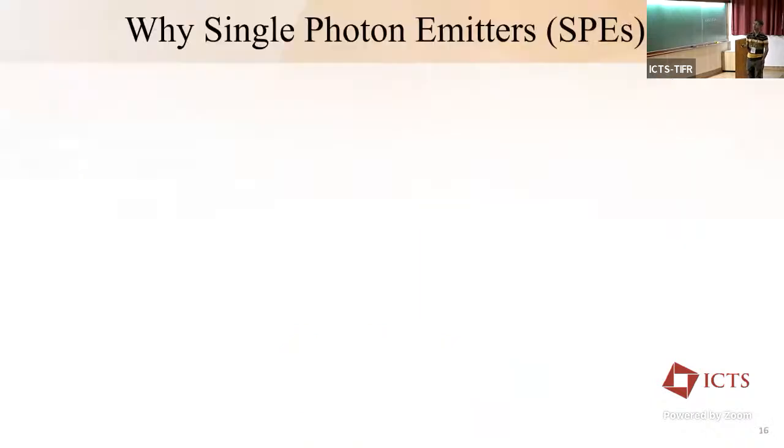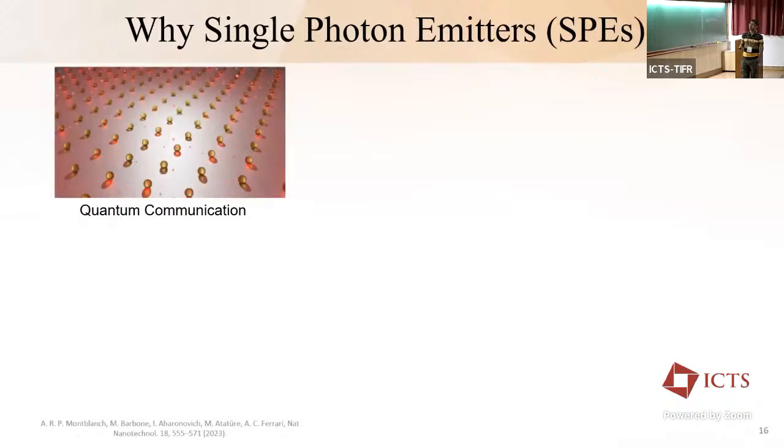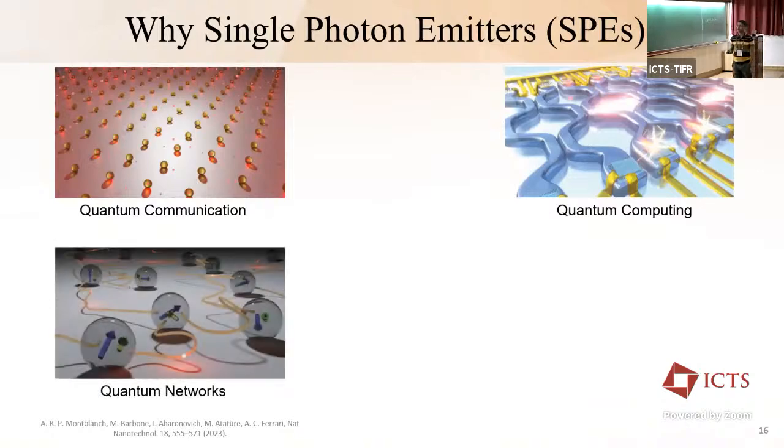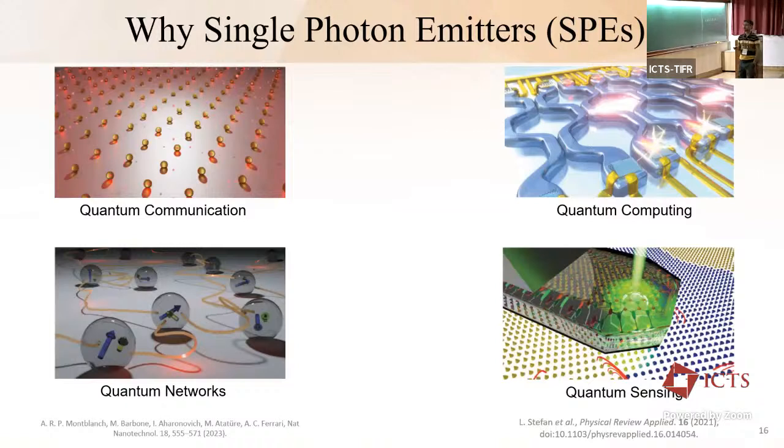Single photon emission, as you may be well aware, is very important as far as quantum technology is concerned, and it is useful in many applications, like quantum communication, quantum computing, quantum networks like QKD networks, and quantum sensing.